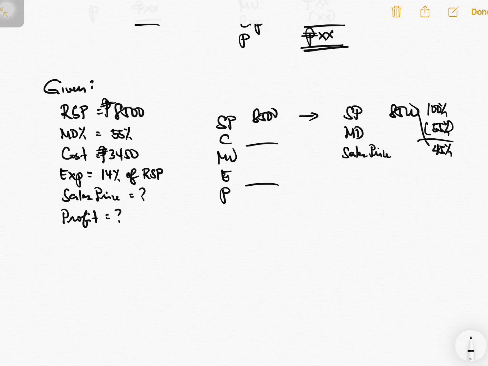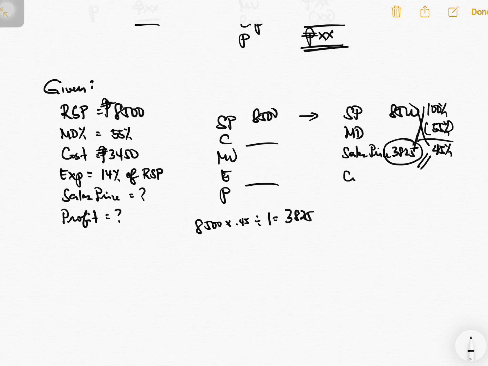So just have to cross multiply here. No need to compute markdown anymore because it's not required. So to compute the sales price, 8.5 times 0.45 divided by 1. Answer is 3825. So this is 3825. That's the sales price, no? We have the answer for 1.